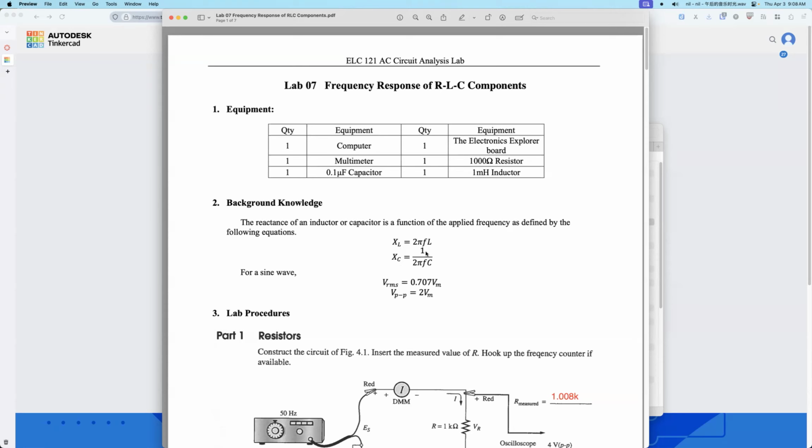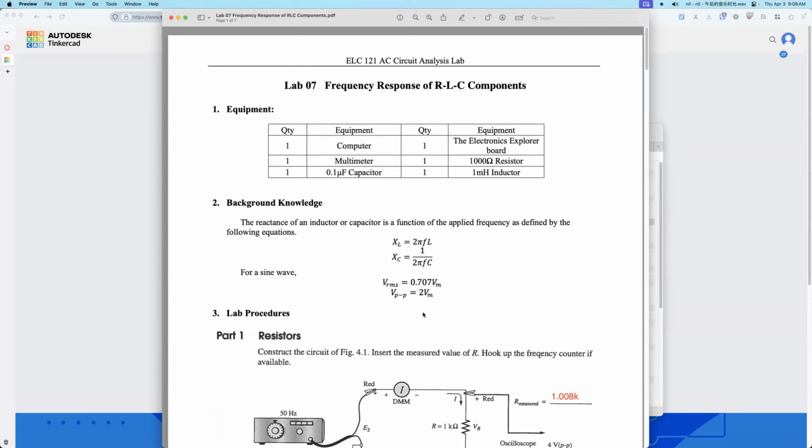XC equals 1 over 2 pi FC. Then for a sine wave, Vrms equals 0.707 Vm. We know that's Vm divided by square root of 2. VPP, the peak to peak value, equals 2 Vm.